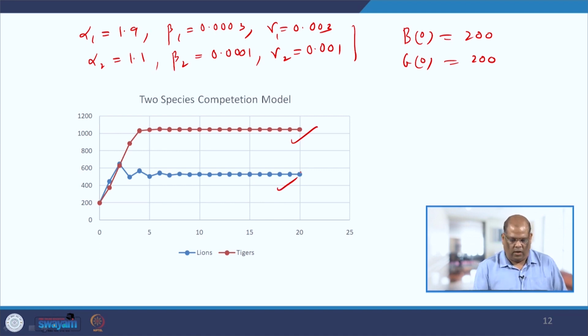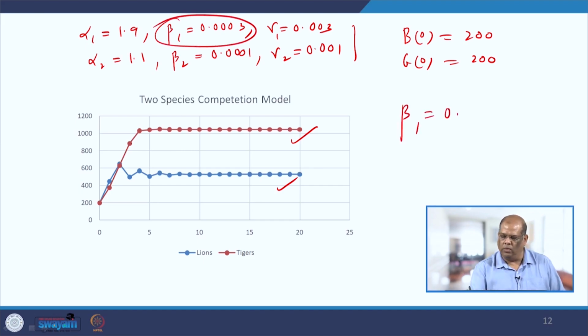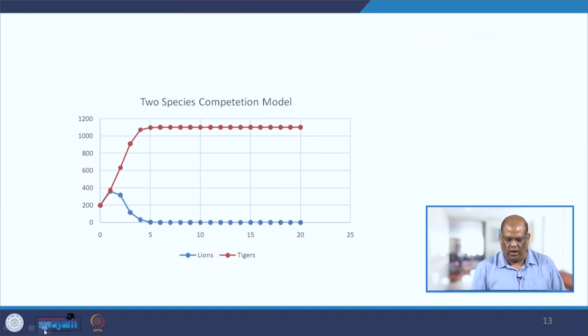Now, if we change the value of beta 1, say I put beta 1 equal to 0.0025, keeping all the other parameter values and initial conditions the same, we see that the lion species goes to extinction, whereas the tigers survive.